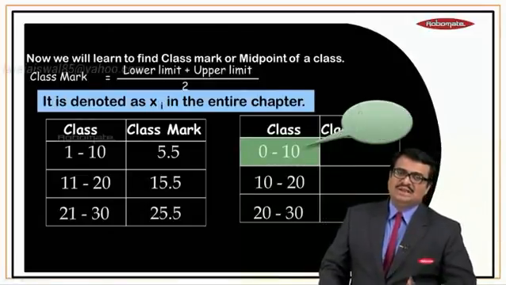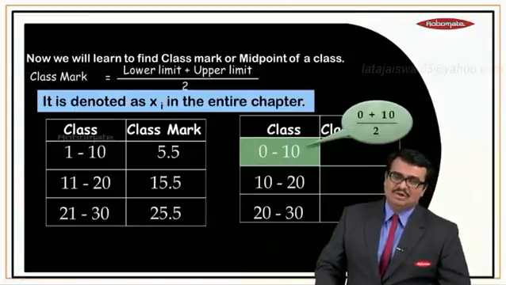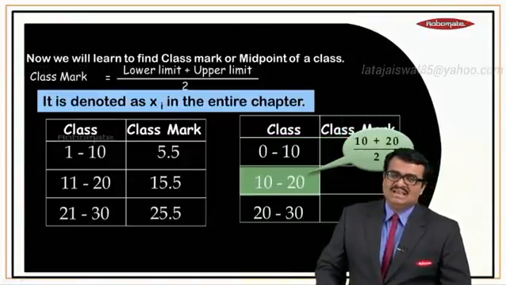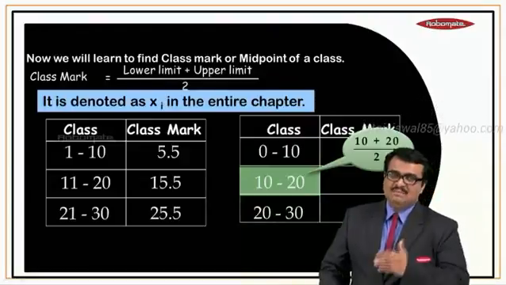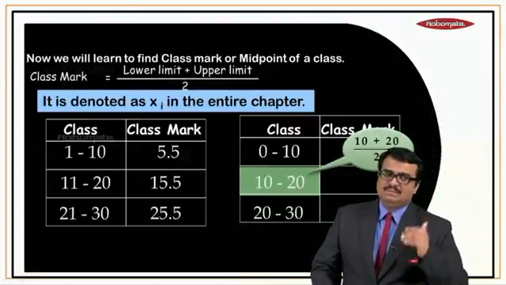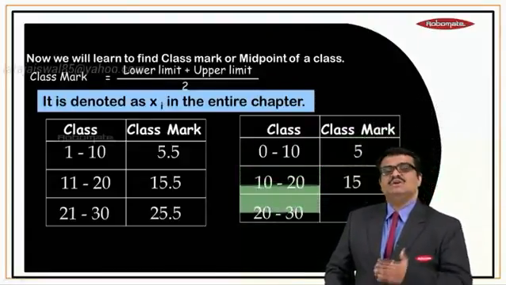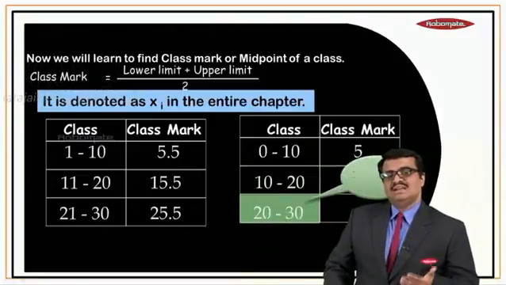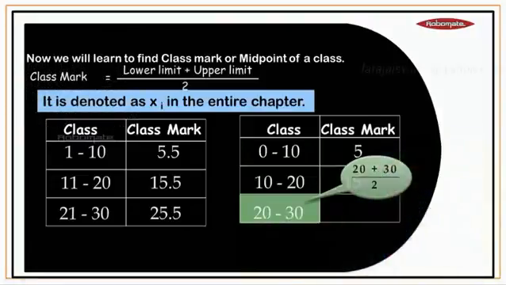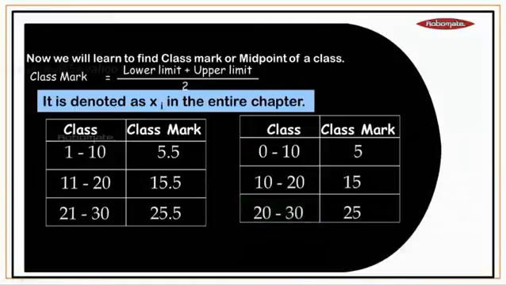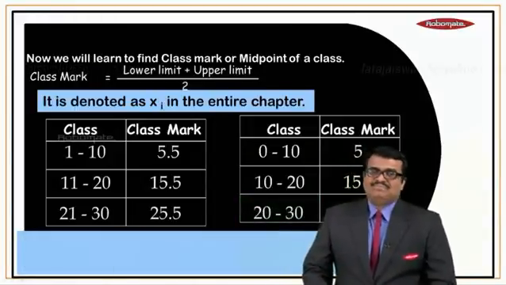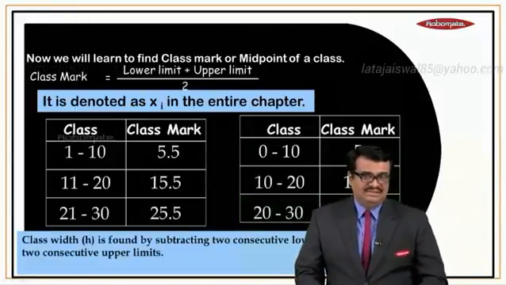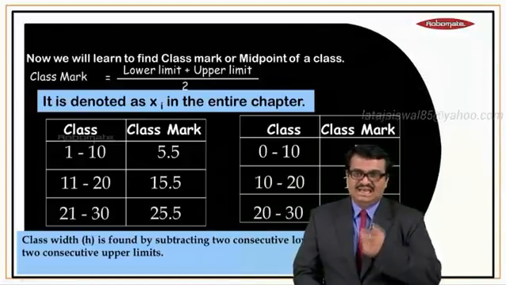So 0 to 10, 0 plus 10, 10 upon 2, it will be 5. The next one, 10 to 20, it will be 10 plus 20 upon 2, 30 upon 2, it will be 15. The third one, 20 to 30, 20 plus 30 upon 2, that will be 50 upon 2, that will be 25, right?